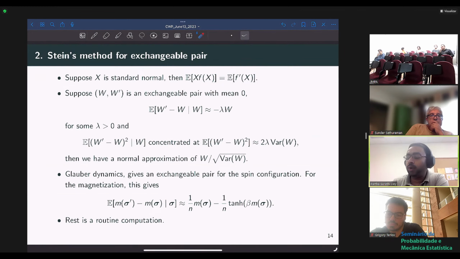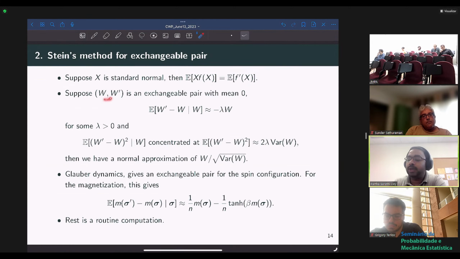Now, there are many different ways to prove this kind of behavior. One idea is this exchangeable pair approach, where you take one random variable and create a pair which is exchangeable, meaning the distributions are the same even if you flip them. So (W, W prime) and (W prime, W) have the same distribution.